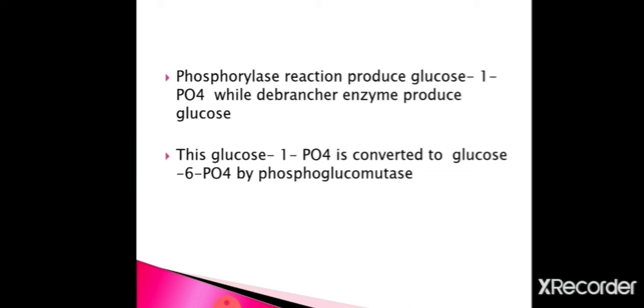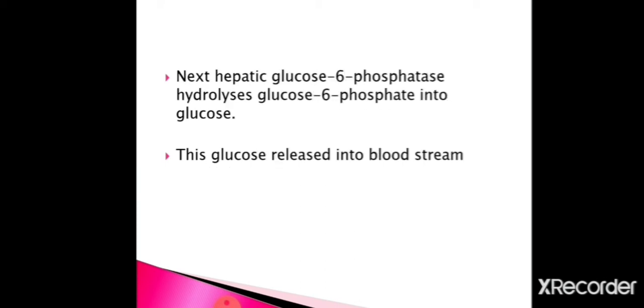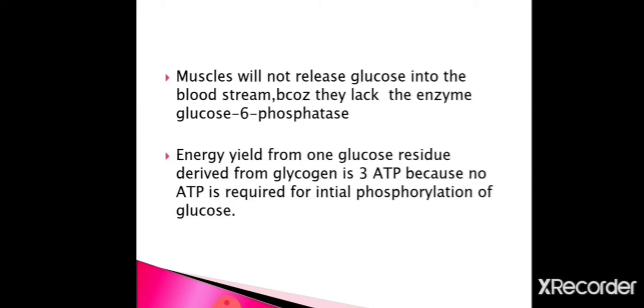Now the glucose 1-phosphate, which is produced by the phosphorylase reaction, is converted to glucose 6-phosphate by the enzyme phosphoglucomutase. Then we have glucose 6-phosphatase enzyme, which is present in the liver, that will hydrolyze glucose 6-phosphate into glucose, and this glucose is released into the bloodstream.